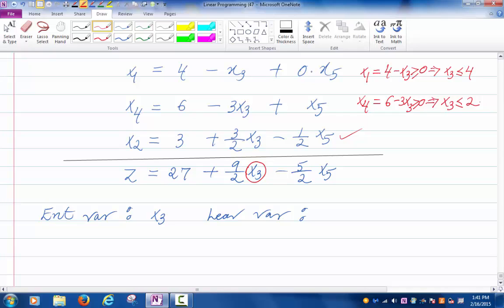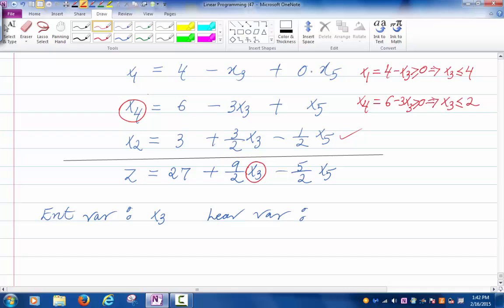So once you pick an entering variable, in the column for the entering variable, only look at the negative coefficients. You don't have to look at the positive coefficients, because they will let you take the entering variable to be as big as you want. So which one is the smaller between 4 and 2? Well, 2.